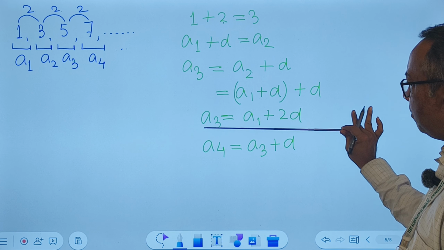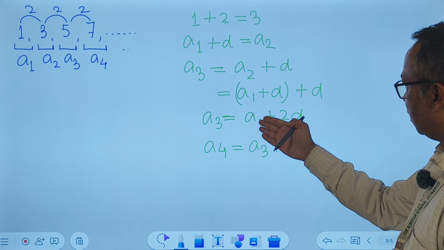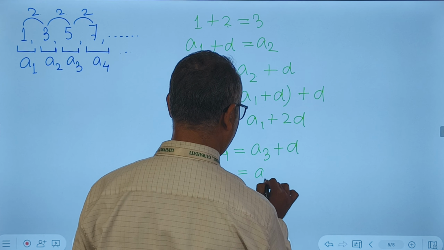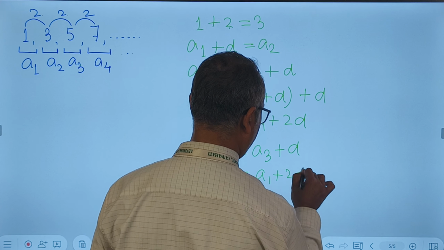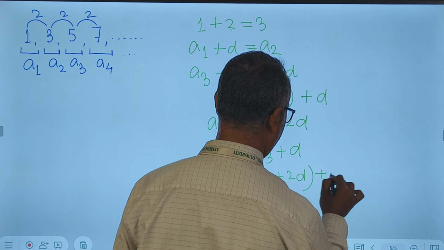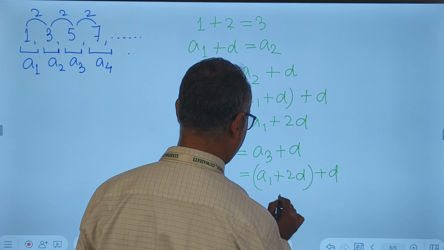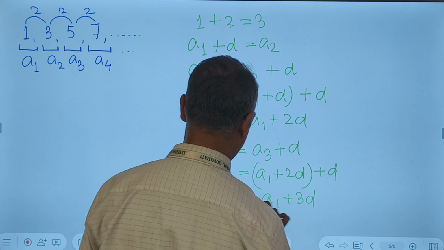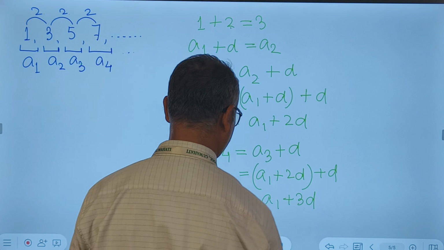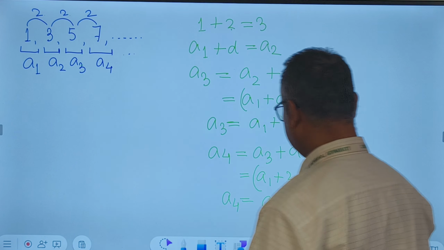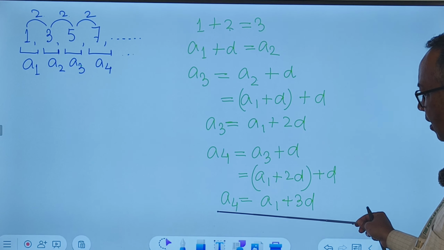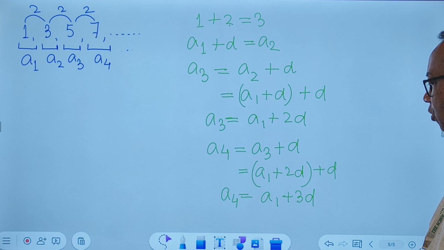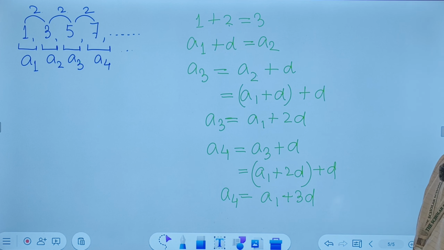So the third term we can write like this. This is the representation of the fourth term in terms of the first term and D.